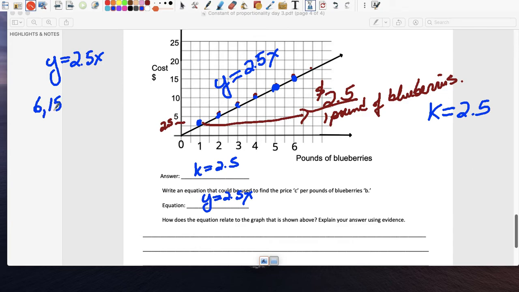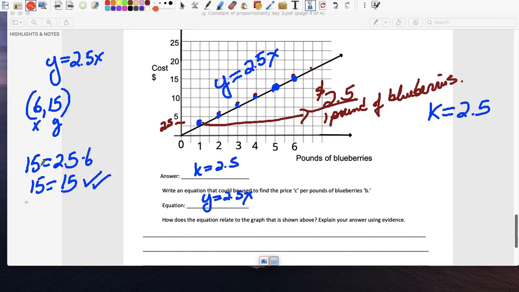If the point (6, 15) is on this line, then it will make that equation true. So let's substitute. Instead of y, I'm going to write 15, and instead of x, I'm going to write 6. 15 equals, and what's 2.5 times 6? It is indeed 15. So that's one check.